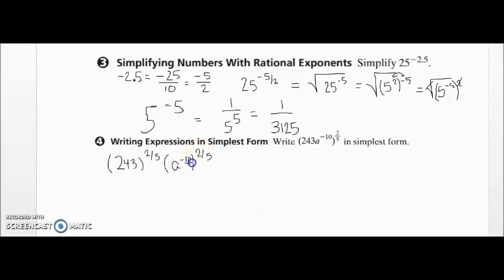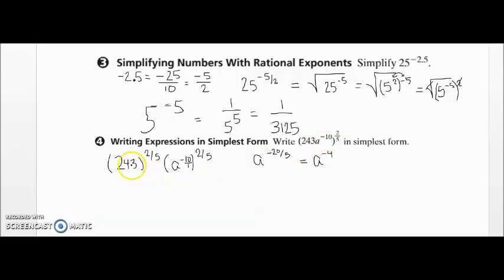So negative 10 over 1 times 2 over 5 is going to give us a to the negative 20 divided by 5. Well, negative 20 divided by 5 is just negative 4. So this becomes a to the negative 4. So we simplified that part of it.